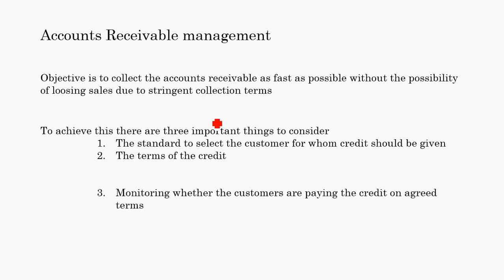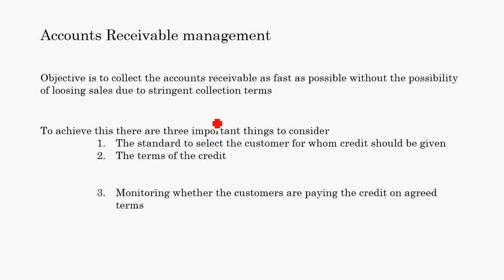If it's a new customer, they can look at the ability of the customer to pay back, or they can also look at whether they have enough assets to have as collateral if they are unable to pay using their regular business operations. And sometimes they may also look at the general market condition to arrive at whether a company should give credit or not. So that is the first and important thing to consider.